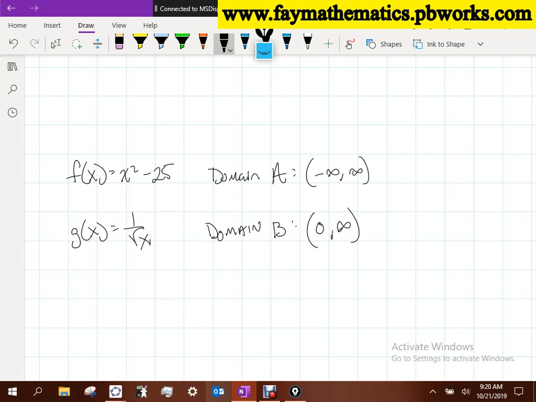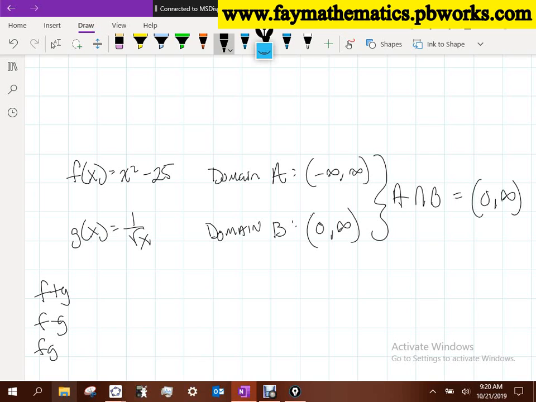So now, no matter what, if I ask you what f plus g is, f minus g, f times g, or f divided by g. I'm not going to write f divided by g because there's a little bit additional information there. But the domain is going to be the overlap of those two things, the intersection. Well, where do they overlap? 0 to infinity.